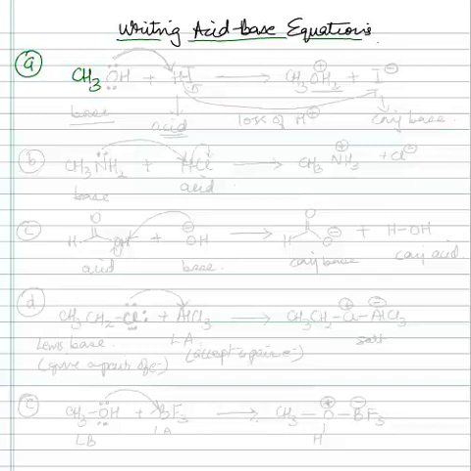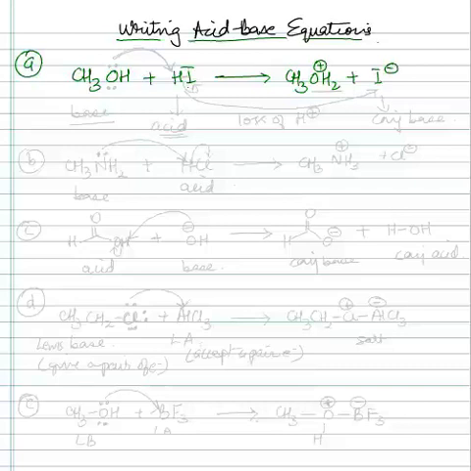So we have CH3OH plus HI, and the product is also given to us, which is CH3OH2 positive and then I minus.